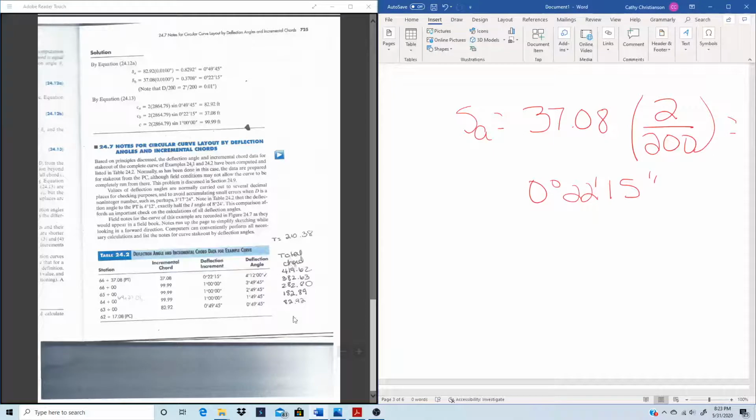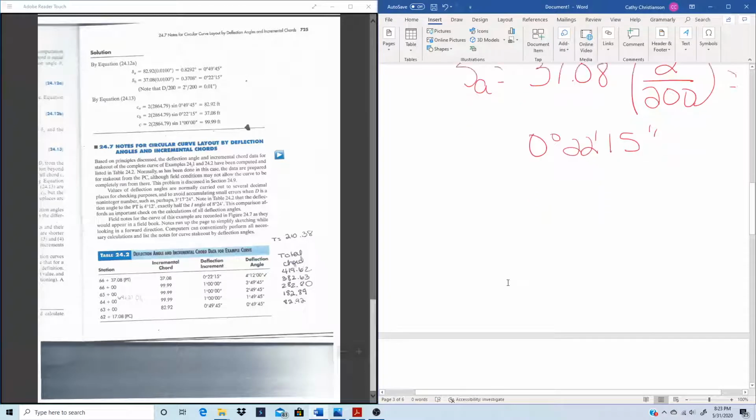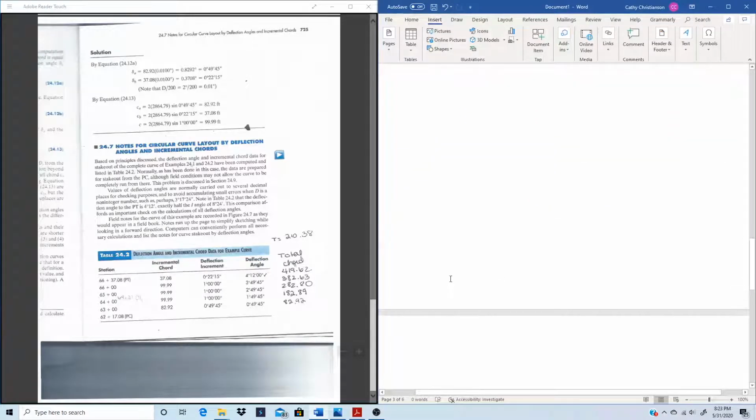Now, to get the total chords and these incremental chords, to do the total chords, we're going to use deflection angles. And then to do the incremental chords, where they got that 99.99 from, they use deflection increments. So this last column, I'm going to scroll up and get you started.